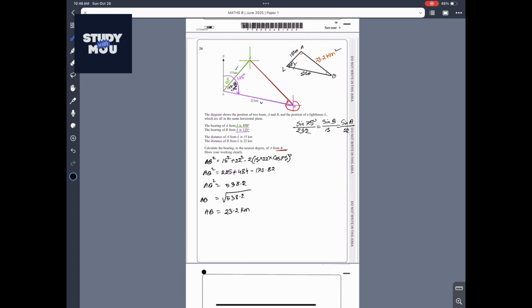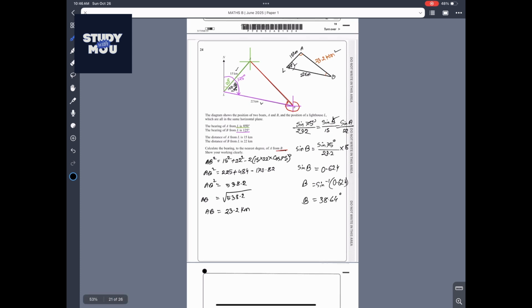Let's work with the sine B thing. Sine B is equal to sine 75 degrees over 23.2, multiplied by 15. So sine B equals 0.624, sine inverse 0.624 is equal to 38.64 degrees. So this is angle B.